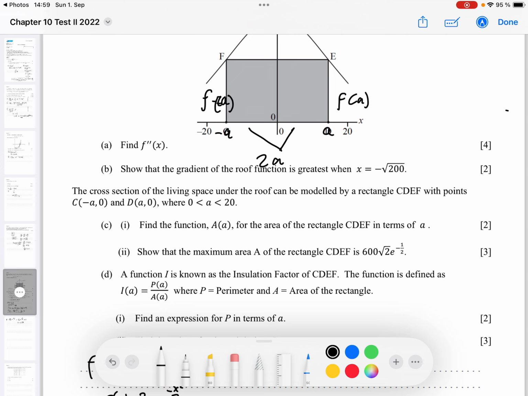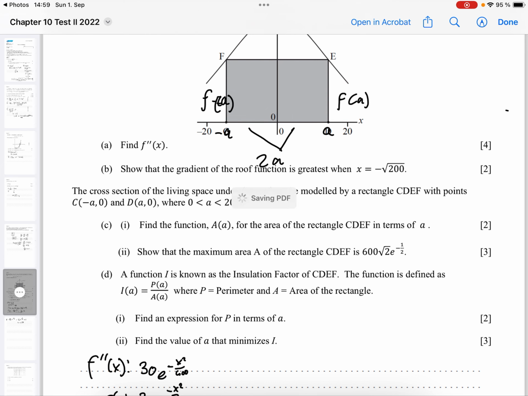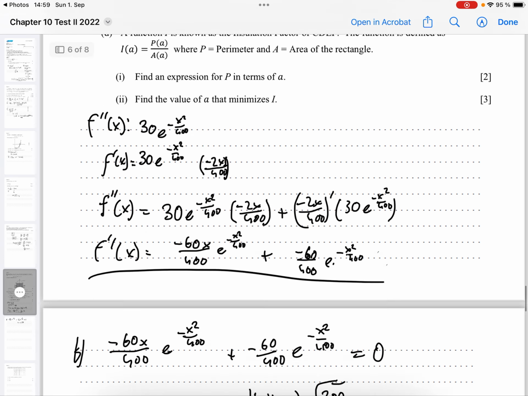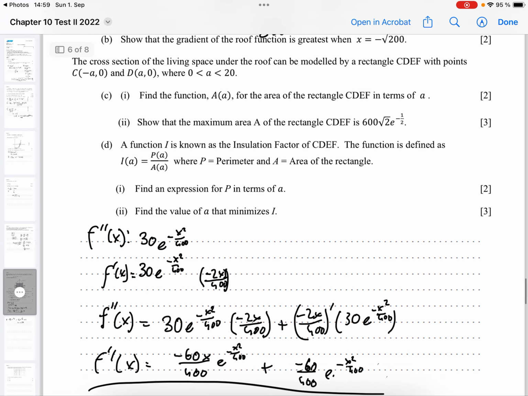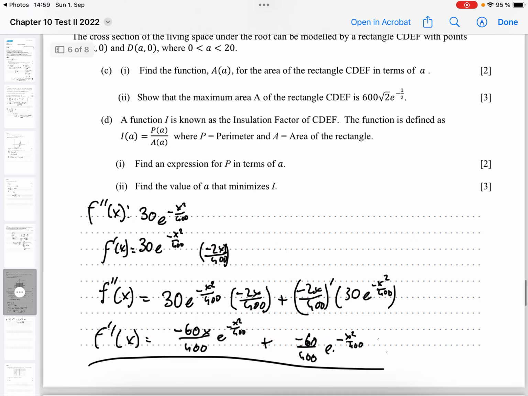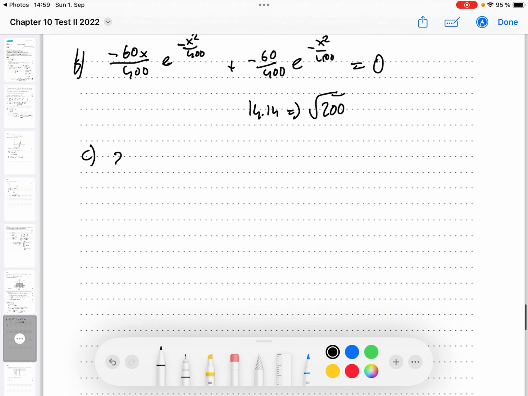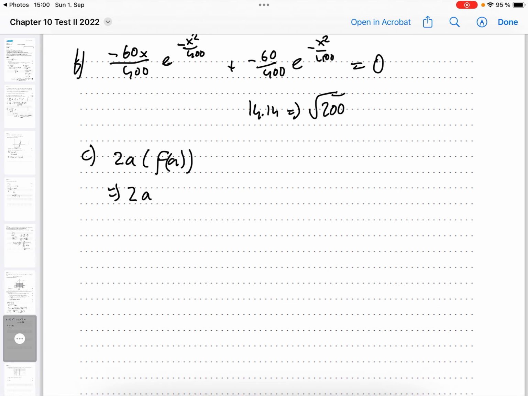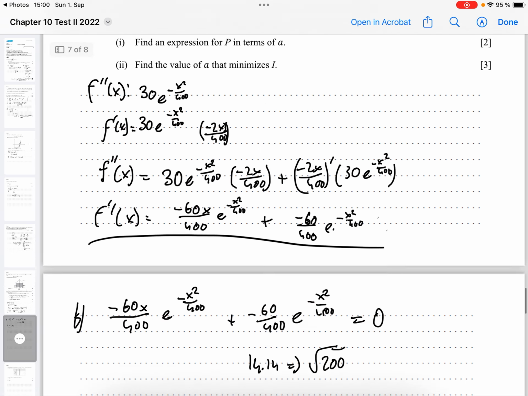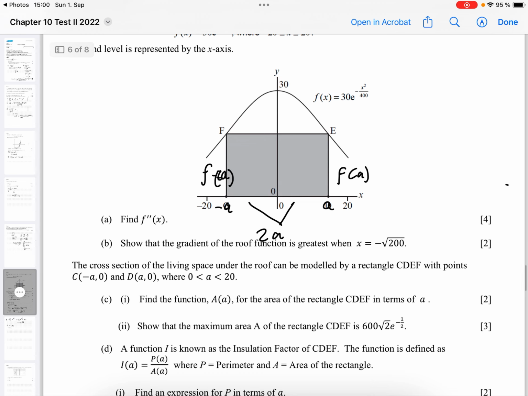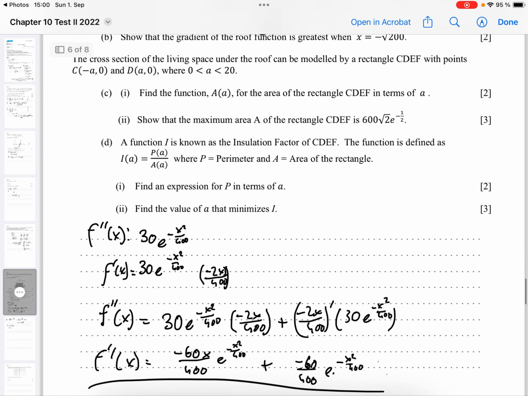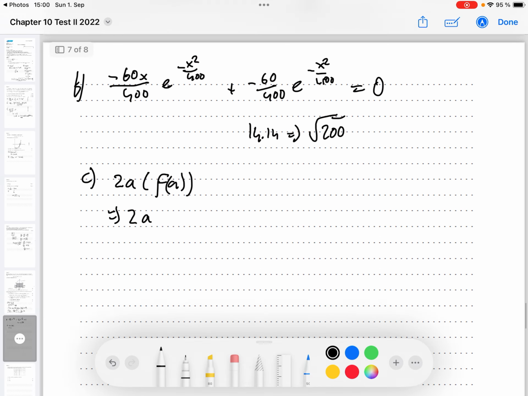And this is f of a, which are equal, which means that this is symmetric about 0. If it is symmetric about 0, we're trying to find the area of the rectangle. So all we have to do here is say 2a times f of a, and we know that we were given the function as being 30e to the negative x squared over 400.